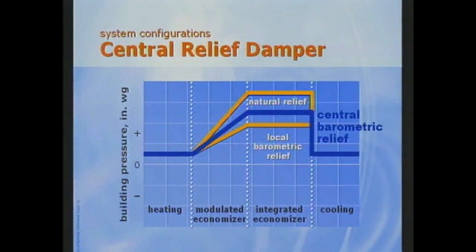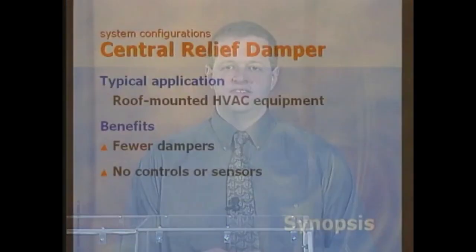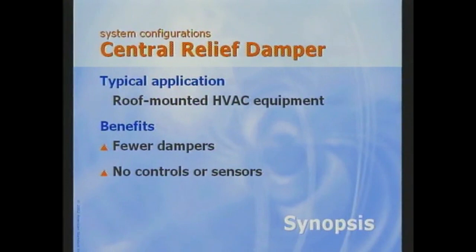The combined pressure drop through the return grill, ceiling plenum, any return ductwork, and the return air plenum of the air handler may be 0.3 up to 1 inch or more. The space must be overpressurized by this amount before this central barometric damper even cracks open. Centralized barometric relief requires fewer dampers, needs no controls or sensors, and can be easily packaged in roof-mounted equipment.